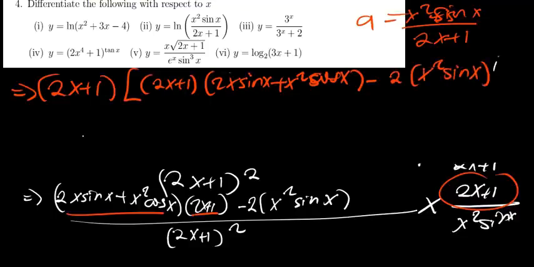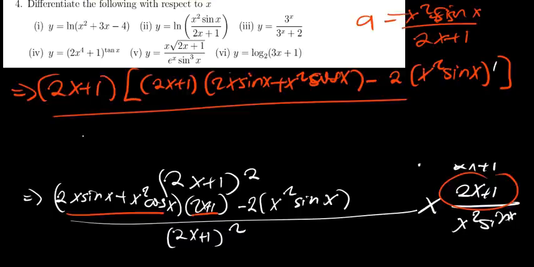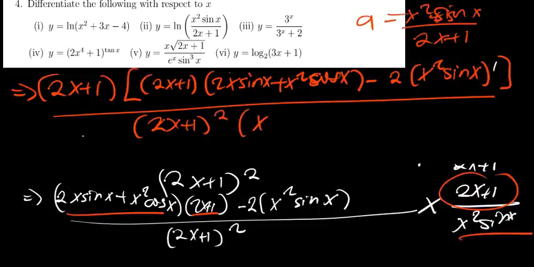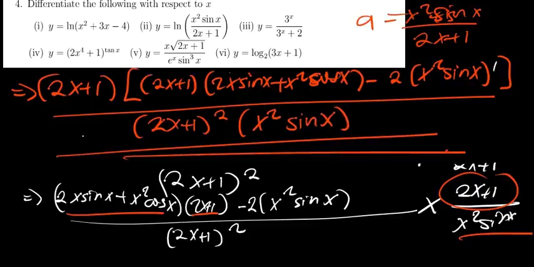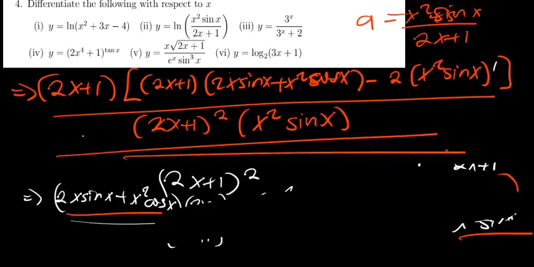Then I put a big bracket. I divide this by the bottom part, 2x plus 1, squared, then times x squared sine x. So that is the answer which I have there.